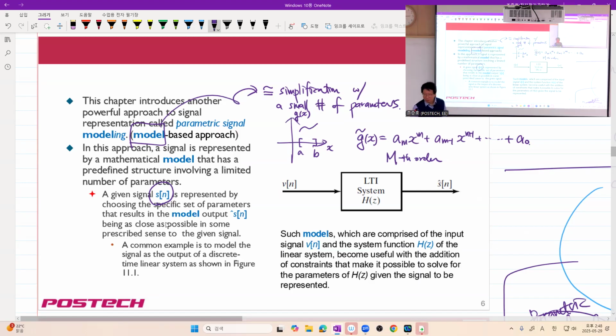So it's like S of n is given, and you want to find Vn and H of n.